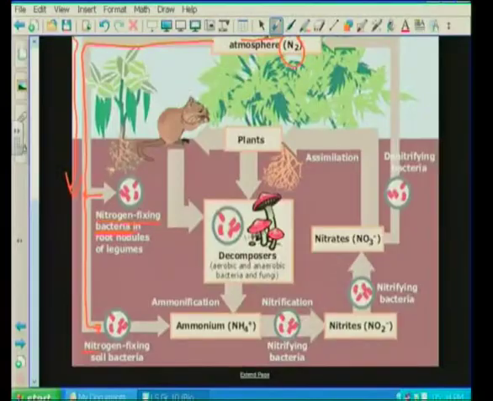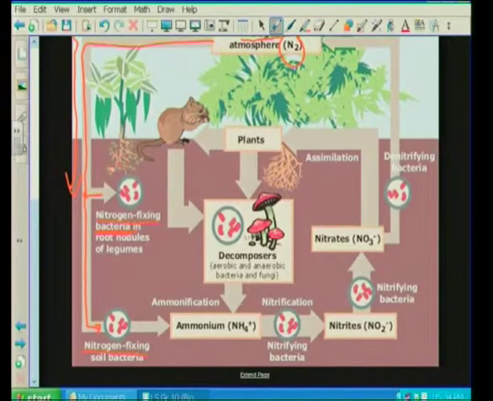Now this nitrogen fixing bacteria appears either freely in the soil, or on the roots inside little nodules. They're little bumps on roots of especially your legume plants. Legume plants are things like pea plants or bean plants. So it's very important for you to eat your dark green vegetables.